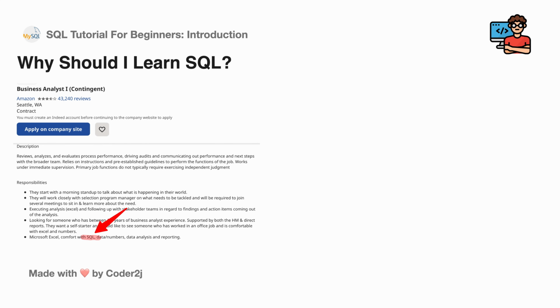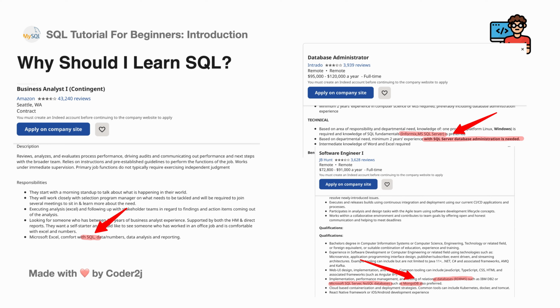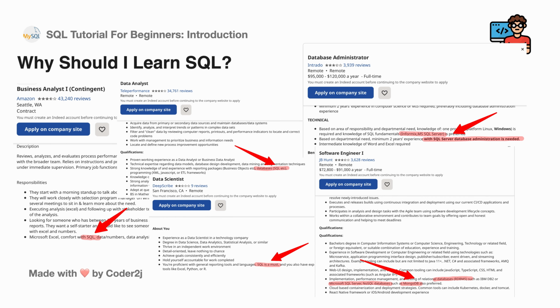When you search and read job advertisements online, you will find not only jobs positions like software engineer or database administrator that requires you to have SQL skill, but also positions like business analyst, data analyst, data scientist, and so on. Learning SQL will open a wider door for your career development and serve as a fundamental skill to help you easily transfer to more advanced and well-paid jobs.